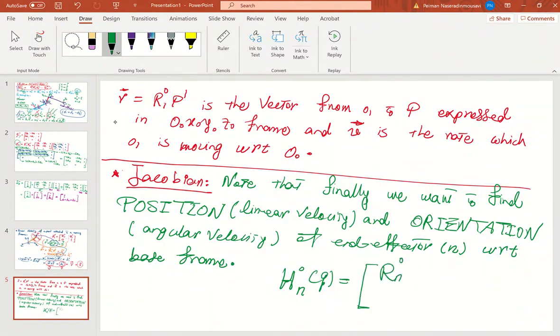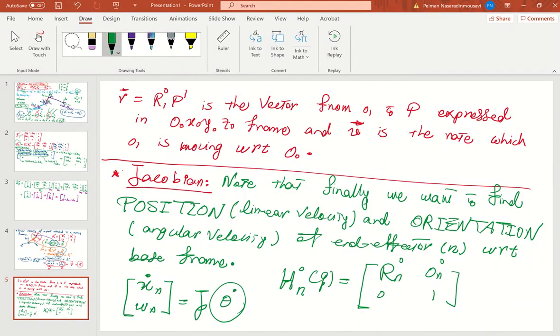Remember, R m with respect to naught, O m with respect to naught, 1, 0. Remember that I told you that you're going to have x dot and omega, x dot being linear velocity and omega angular velocity, is Jacobian times theta dot. These are for the links. Remember I explained it to you?